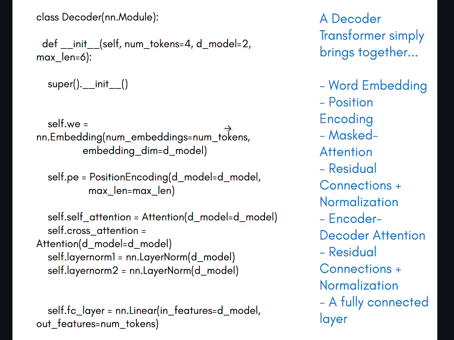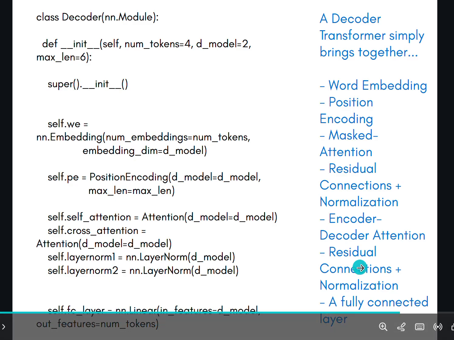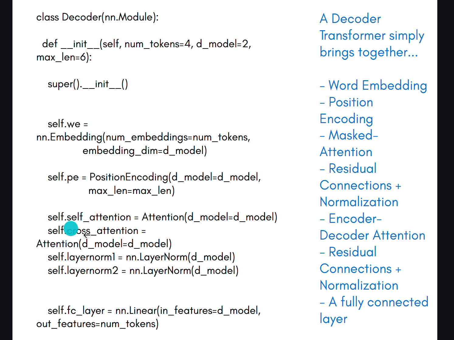Okay, and then you have a residual connection plus normalization, and the same encoder-decoder attention, which takes the key and value from the encoder and the query from the decoder. So it's kind of the cross attention, residual connection plus normalization, and a fully connected layer. So now let's define this.